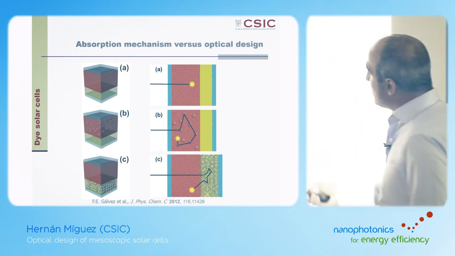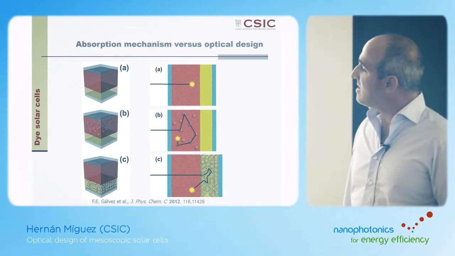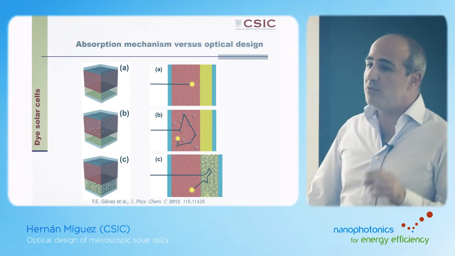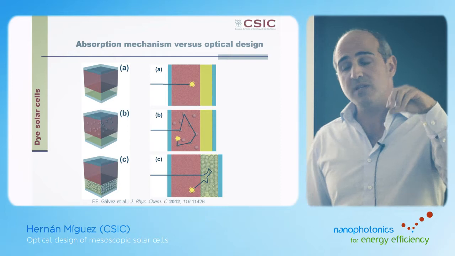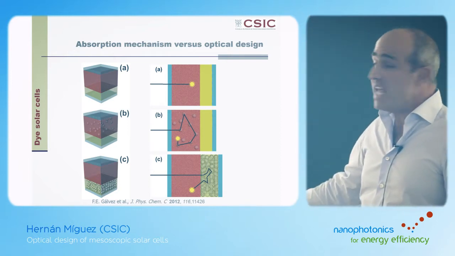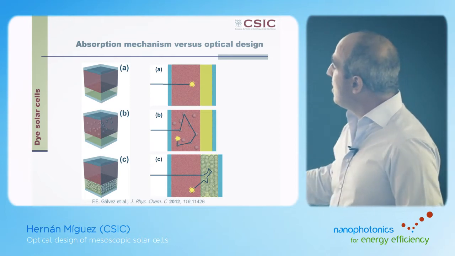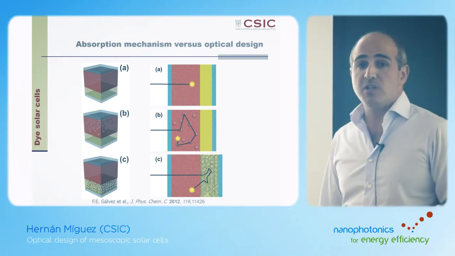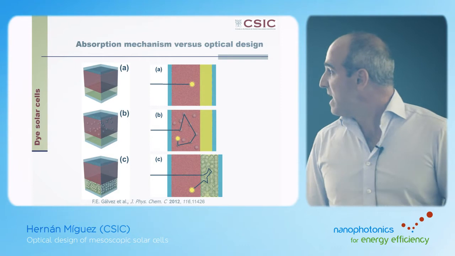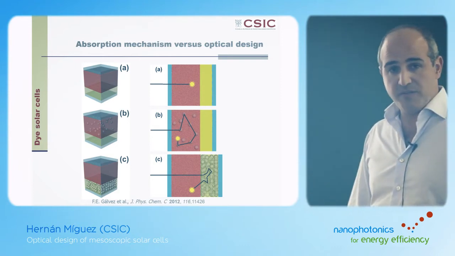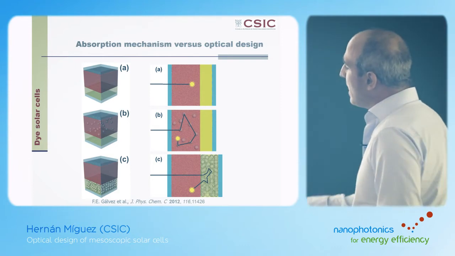So the two approaches that people have been using are to include diffuse scattering particles inside the film, or diffuse scattering layers at the back of the film. So a diffuse reflector, or a strategy based on multiple scattering. Okay? In the two cases, you get much better efficiency, but particularly in this one.